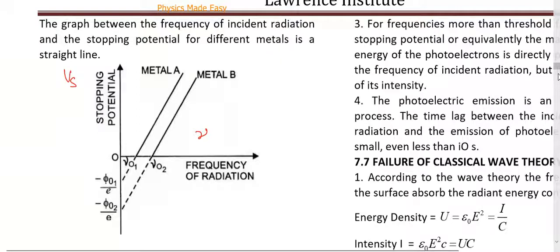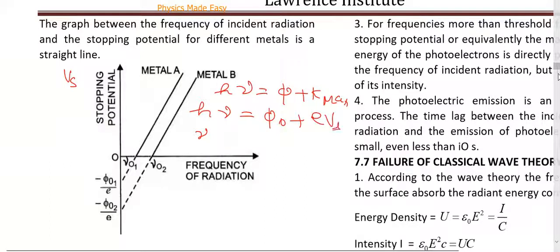What is that equation? h nu is equal to phi naught plus K max. I have written it just as Km, or you can write it as eVs. We have just done: stopping potential is that retarding potential at which even the fastest electron fails to reach the anode. This was the definition of stopping potential.